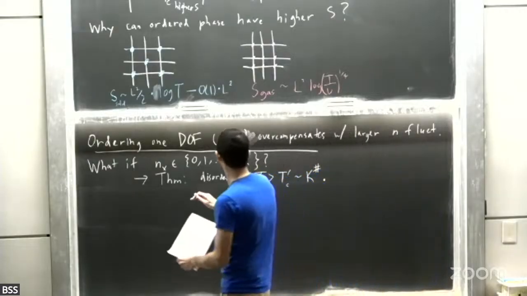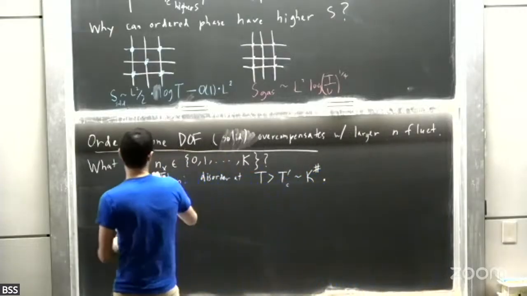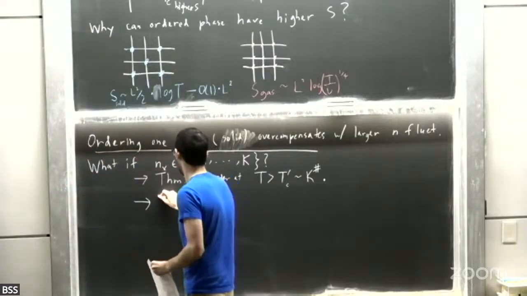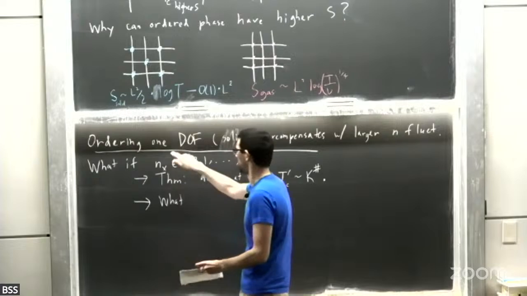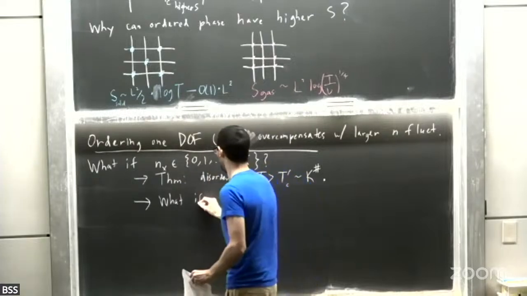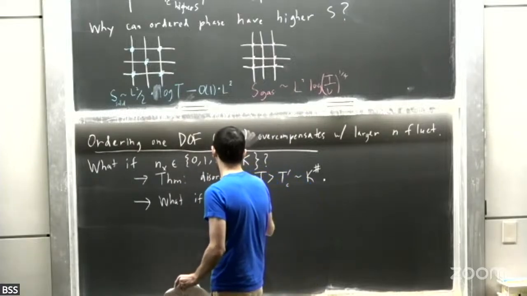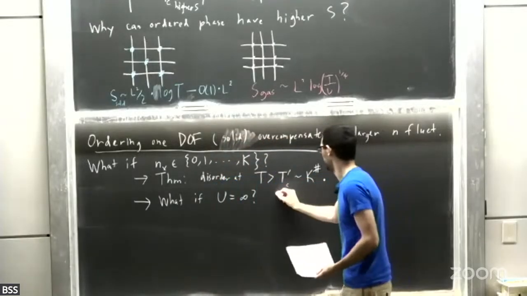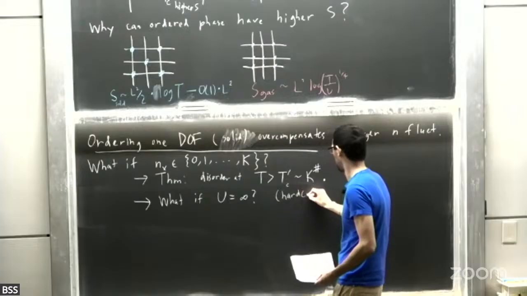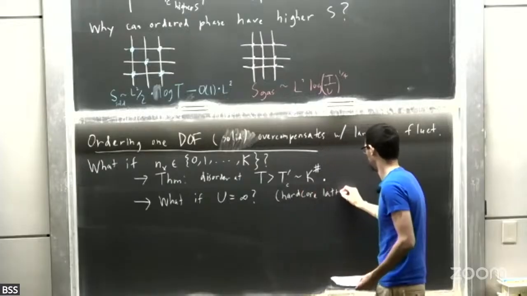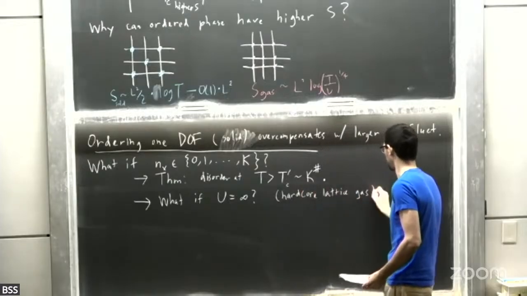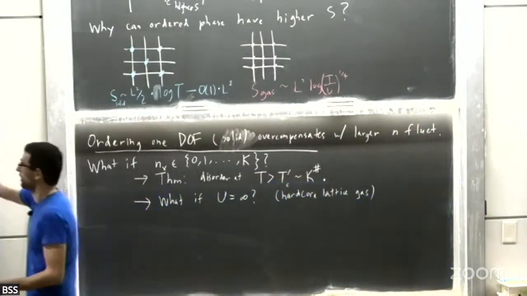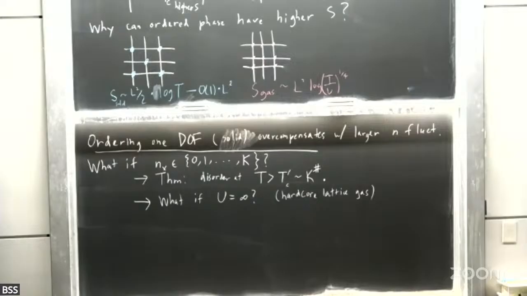The other thing I want to stress is that you might ask, in addition to restricting these n's to be finite, what if we also just set this u to be infinity? This would be what's called a hardcore lattice gas model. It means that we really restrict the configuration space, the state space, so that no two adjacent sites can be occupied.